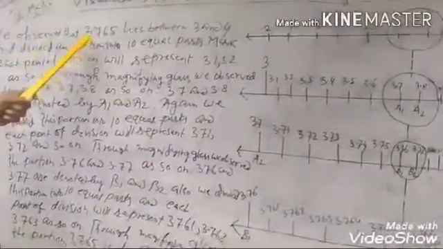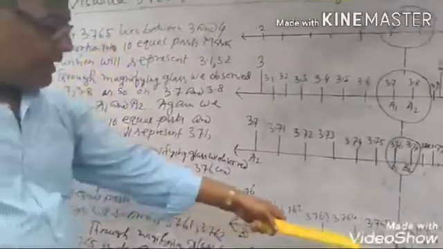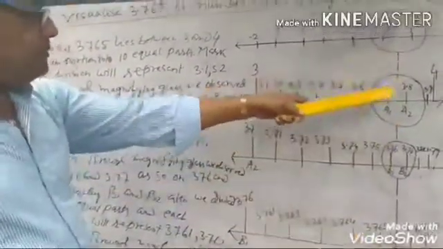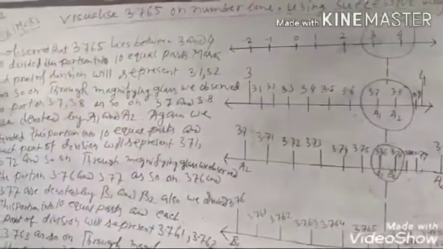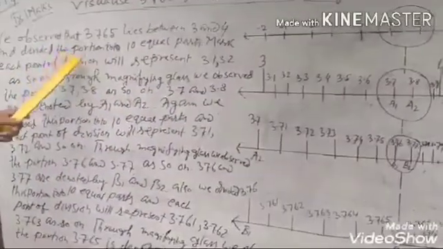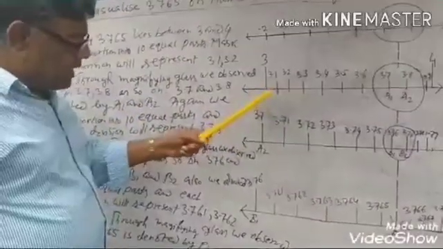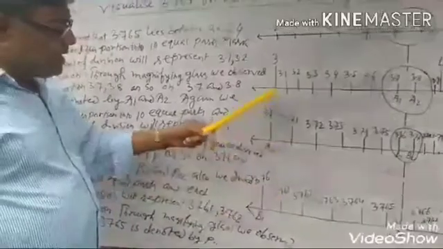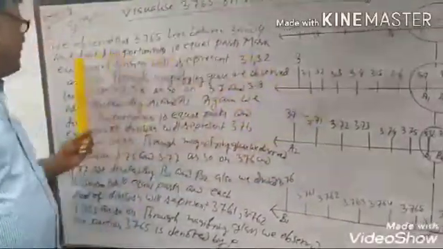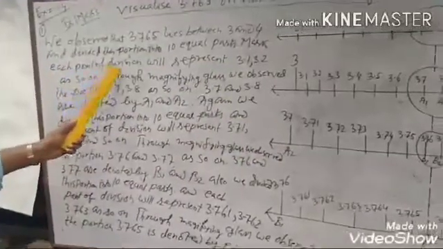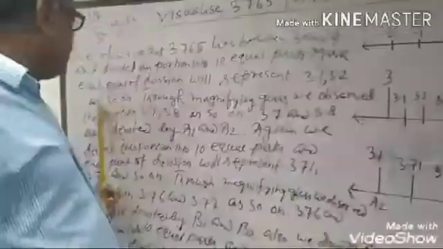We observe that 3.765 lies between 3 and 4, and divide the portion into 10 equal parts. There are 3 figures, 1, 2, 3. Each and every figure is divided into 10 equal parts. Each point of division will represent 3.1, 3.2 and so on.